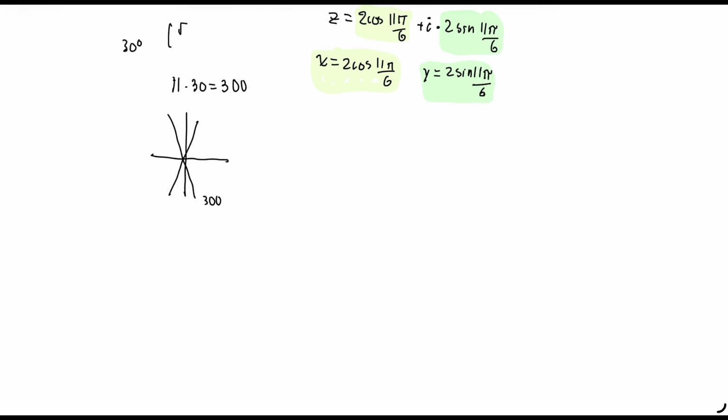Cosine of 30 degrees is root 3 over 2, but 300 degrees is in Q4, and in Q4 you have a positive x and a negative y. We're looking at x, so it's going to be positive root 3 over 2.